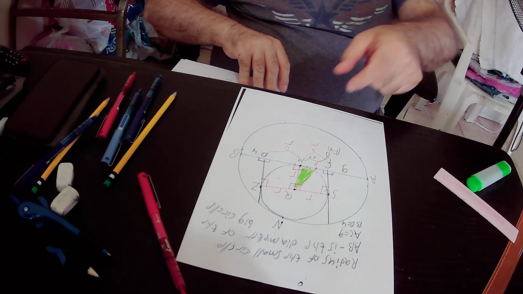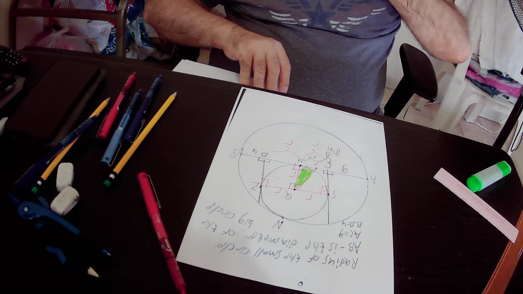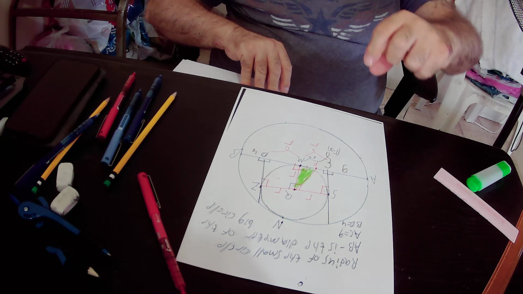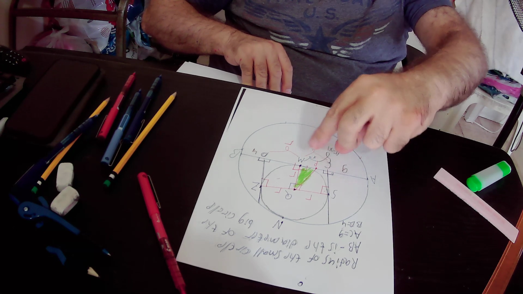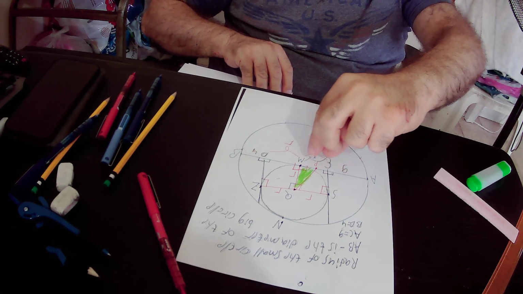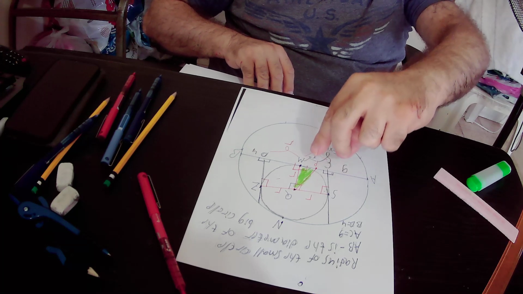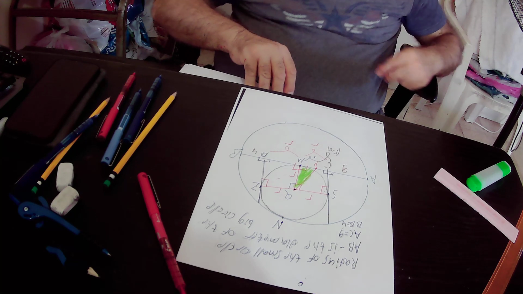Then we defined line segment PM as X, and actually CP equals R minus PM, or CP equals CM minus PM.